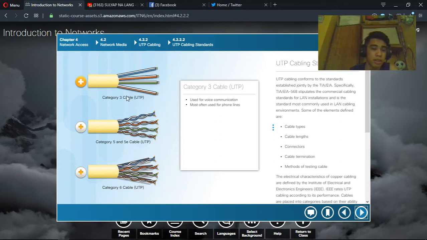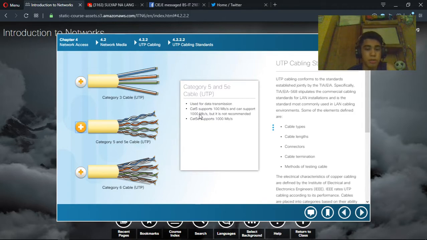Category 3 UTP cable is used for voice communication, most often for phone lines. Category 5 and 5E UTP cable is used for data transmission, supports 100 Mbps and can support 1000 Mbps, but that is not recommended.